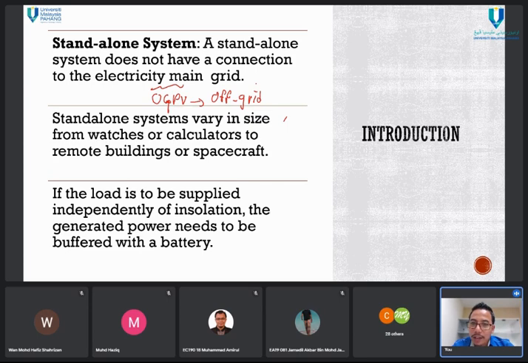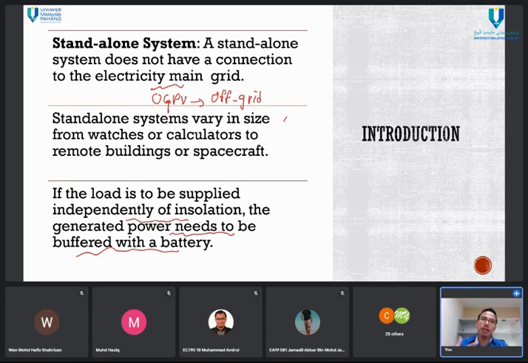Standalone systems vary in size from watches or calculators to remote buildings or spacecraft, and even mega scales, gigawatt scales recently. If the load is to be supplied independently of the installation, the generated power needs to be buffered with a battery. I think most of you are aware of this.